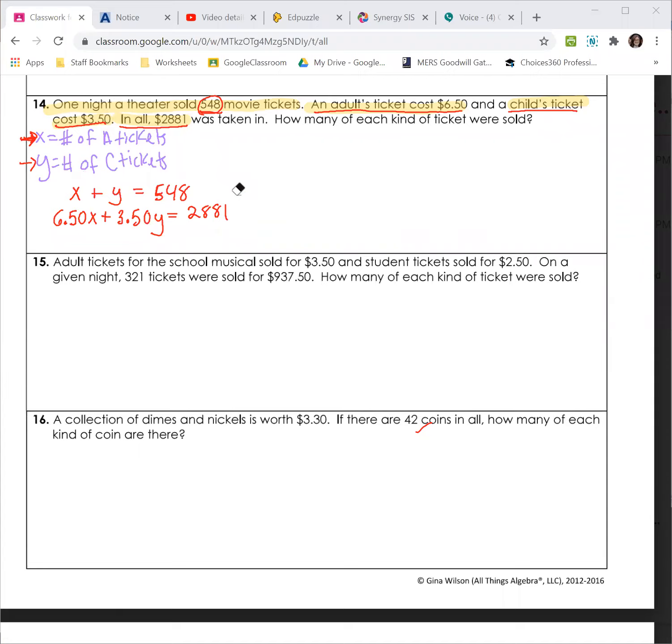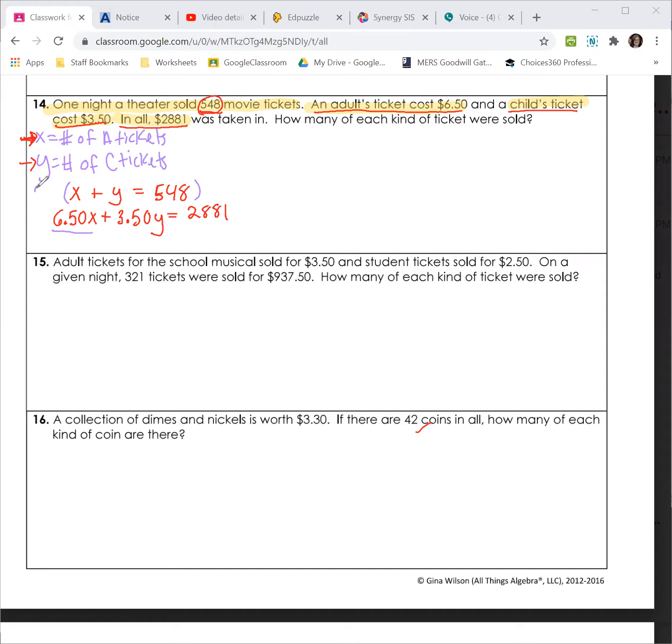Okay, all right, so now we have decisions. We can use elimination or substitution. Now, in this one, I am going to use substitution because I'm thinking to myself, if I wanted to eliminate, which I could, I would have to multiply this top one by a decimal.